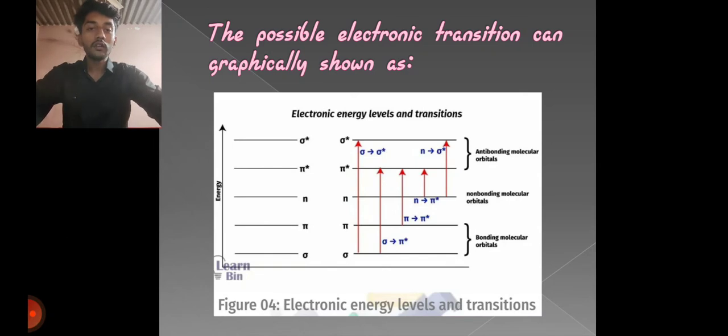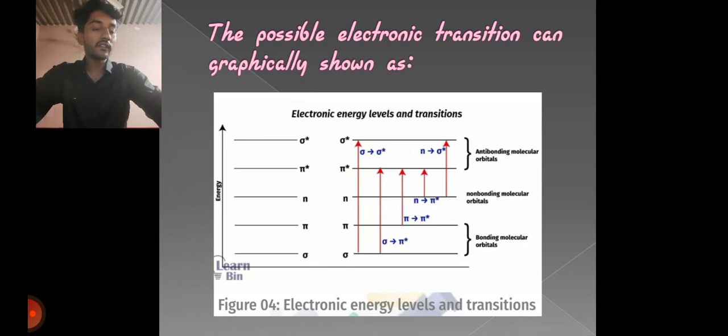These are the possible electronic transitions, which can be shown graphically. This is the energy axis, and these are the possible electronic transitions. At the lower electronic level there is sigma, and above that there are pi and n, that is non-bonding, and pi star and sigma star in the upper region, which are anti-bonding molecular orbitals.